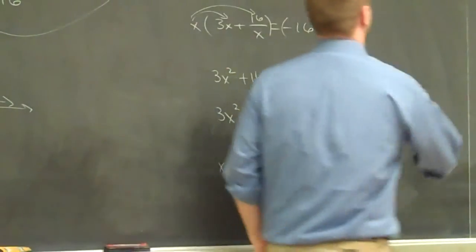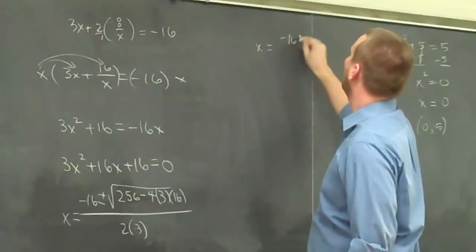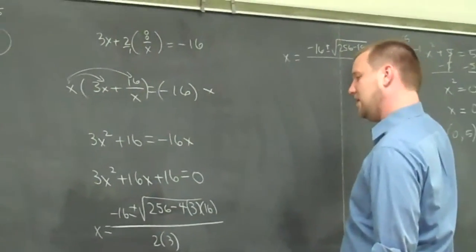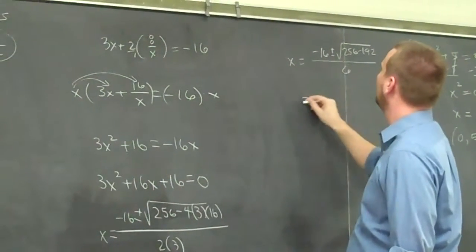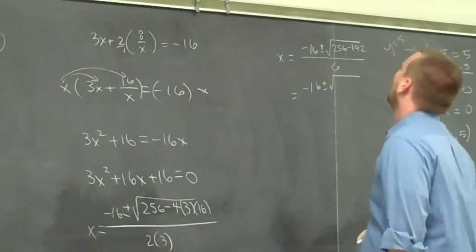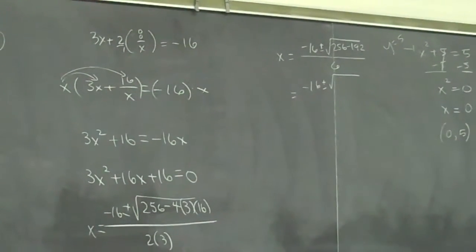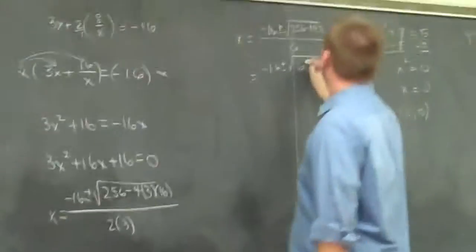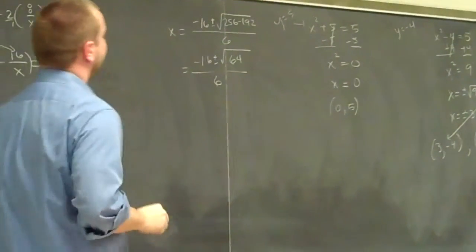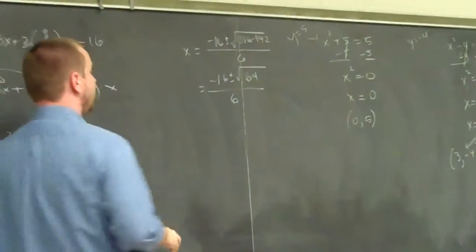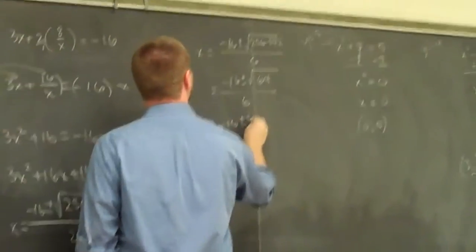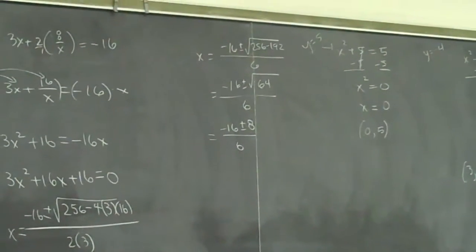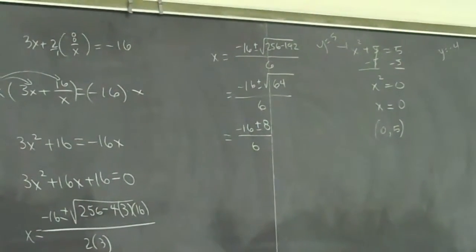So 256 minus 192 is 64. And the square root of 64 is a nice number, isn't it? And I can keep going, can't I? That is arithmetic that me and my calculator, we can handle.